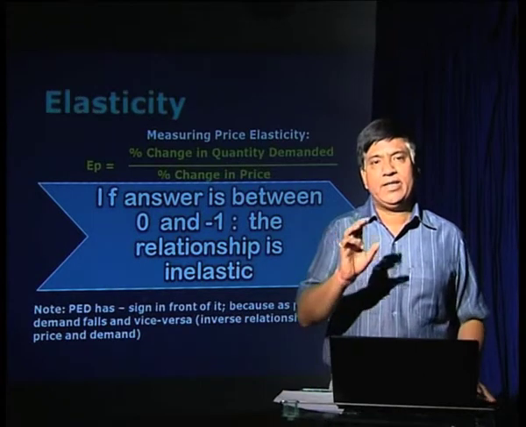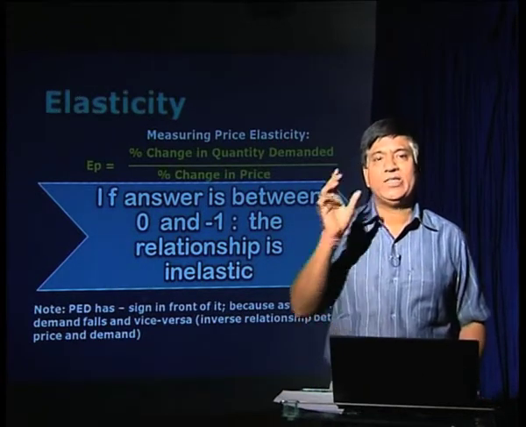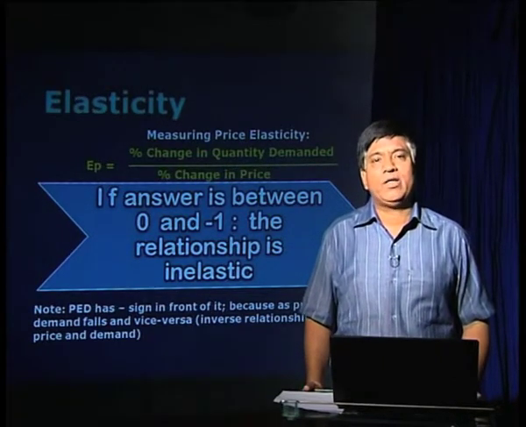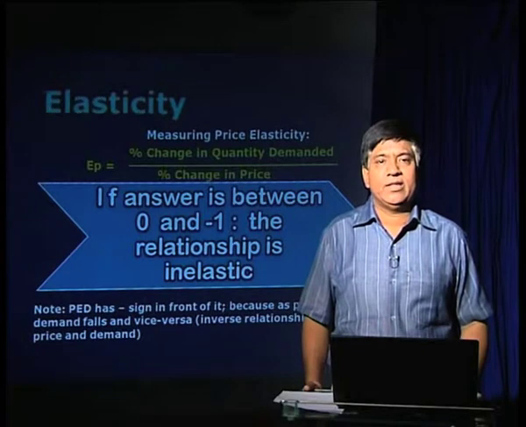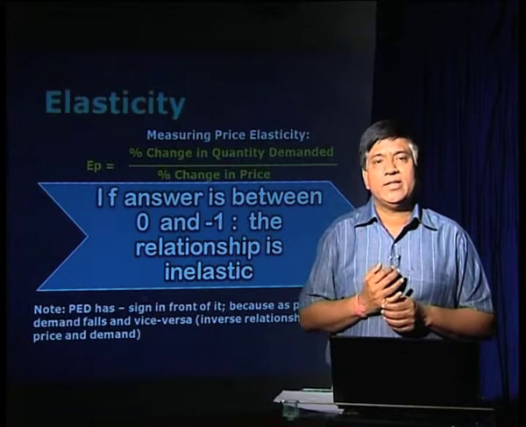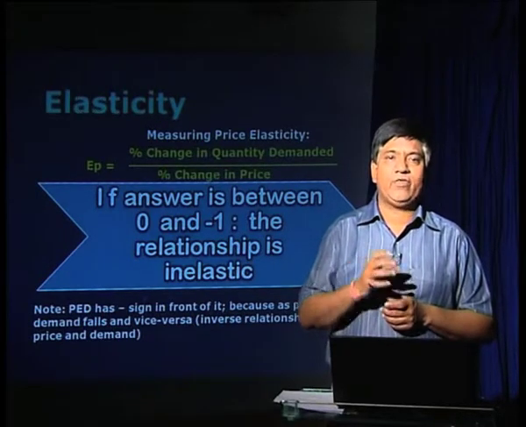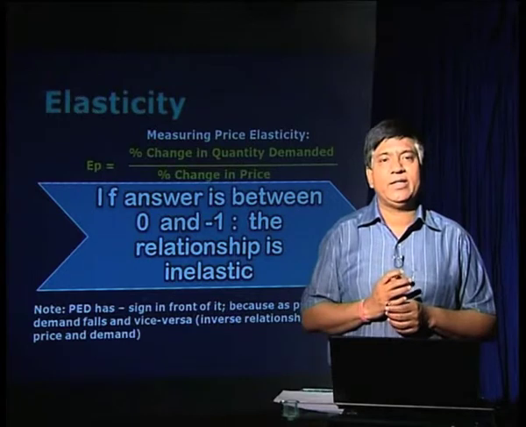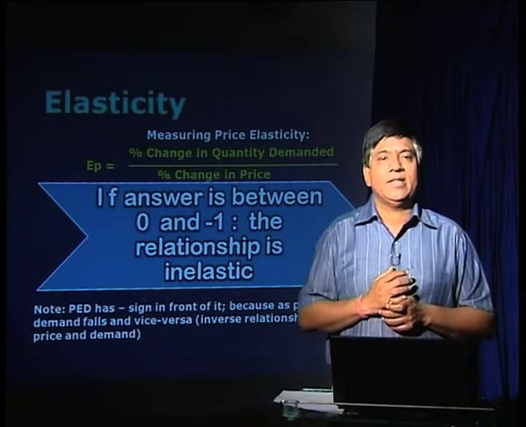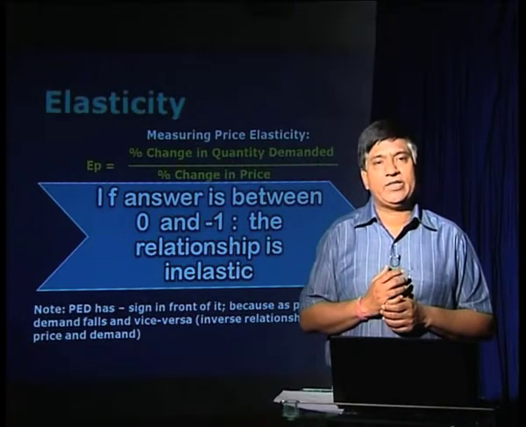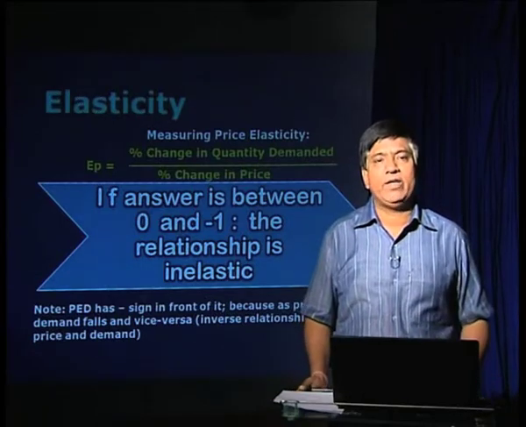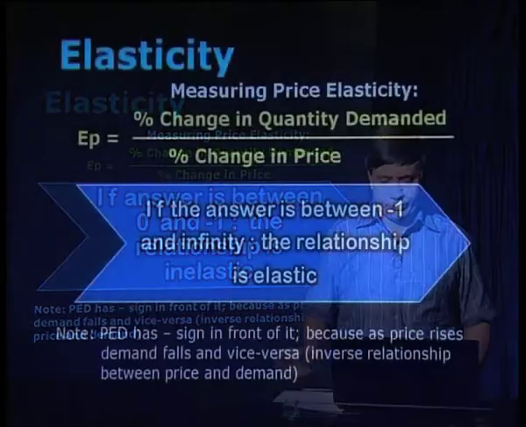To indicate this, the minus sign is included, but a caution: this minus sign only denotes the direction. As far as magnitude is concerned, it is represented by the absolute value of the elasticity of demand. When we take up some numericals, this point will become clearer to you.